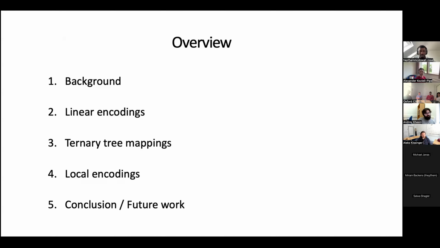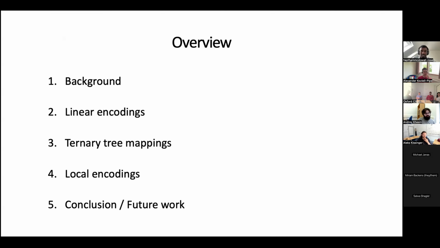They come out of matrices over the field with two elements. Ternary tree mappings, which were developed later, but have a quite interesting connection to ZX calculus, an interesting tree structure going on. And then local encodings, which will help us solve the non-locality of fermionic systems when we map them to qubits.